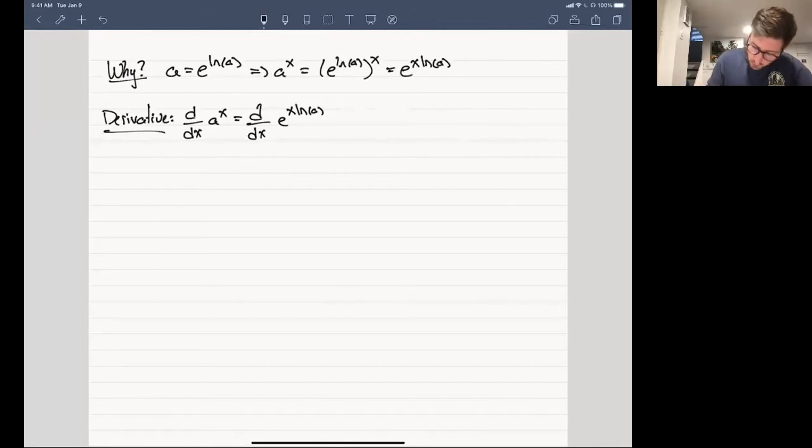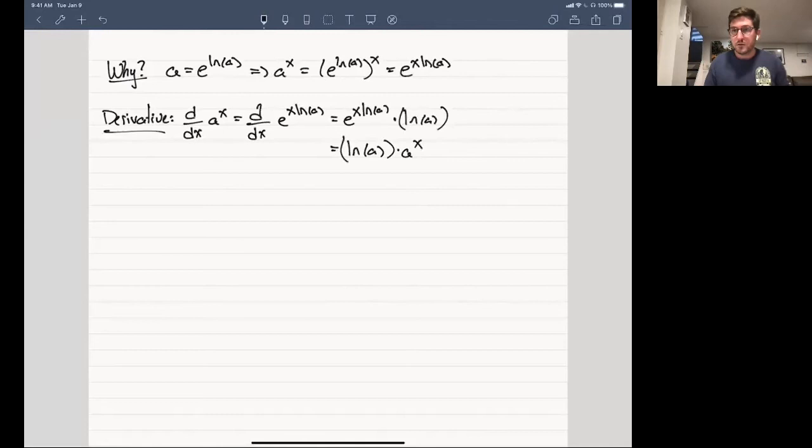So we take the derivative of the outer function, e to the x ln a, and evaluate it at the inner function, and then multiply it by the derivative of the inner function. And we can, again, back substitute e to the x ln a, that's a to the x. So we get ln of a times a to the x.